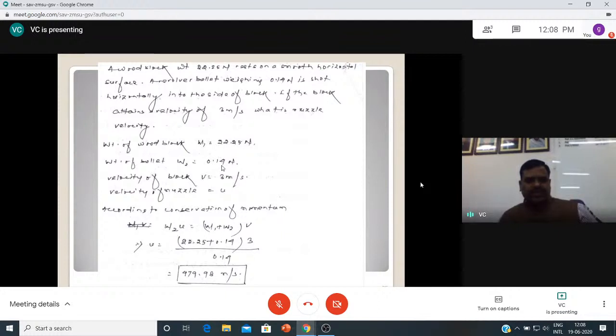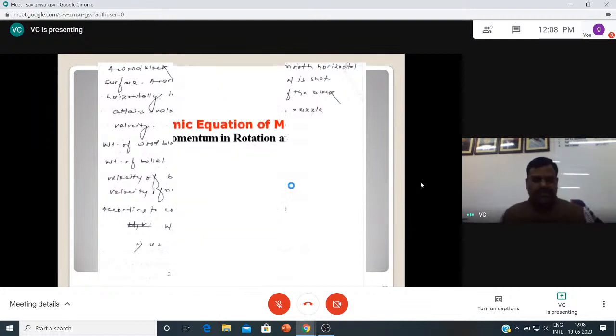The bullet W2 has momentum W2 into U. The final velocity V is given, and U is what is being asked. That's all. This is another simple example we can solve.